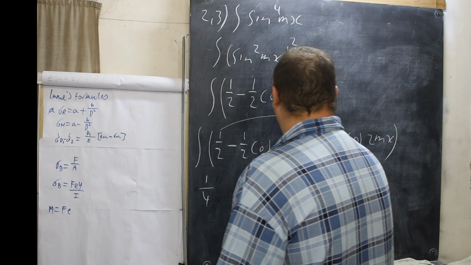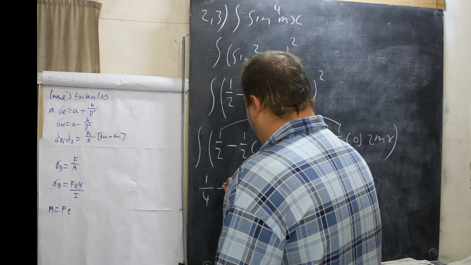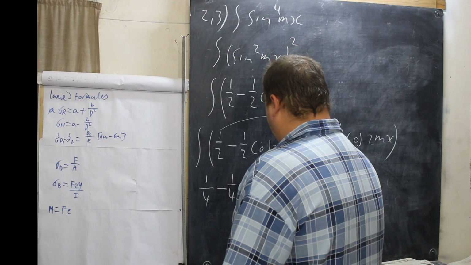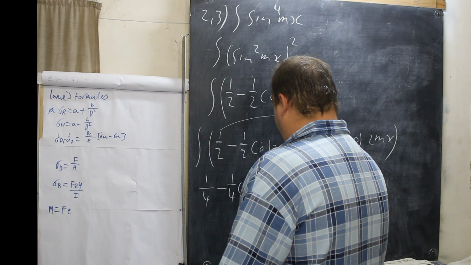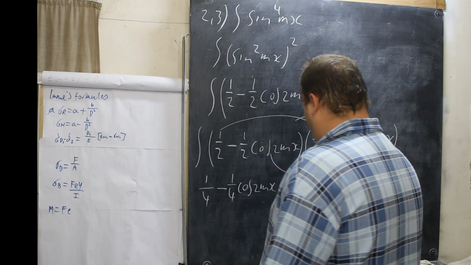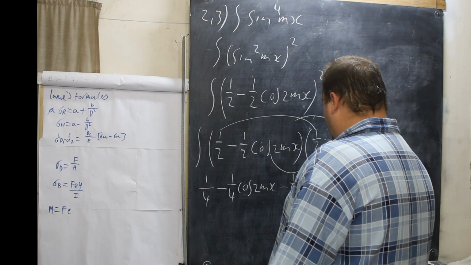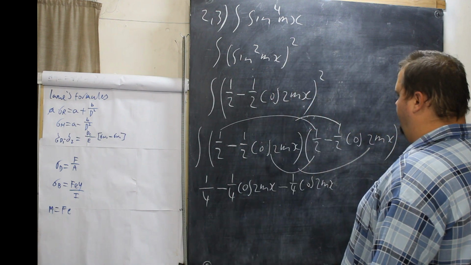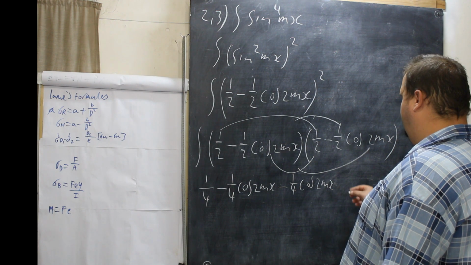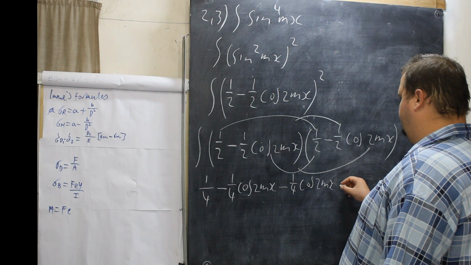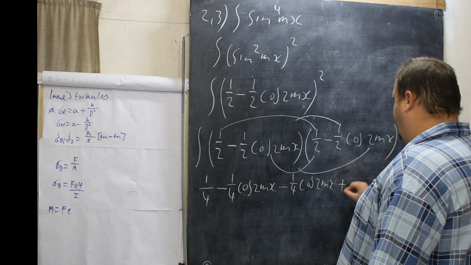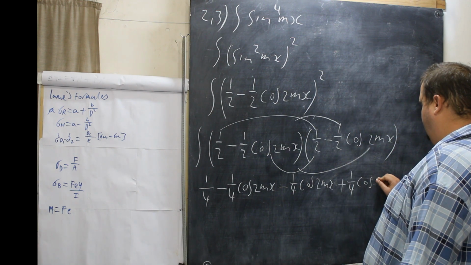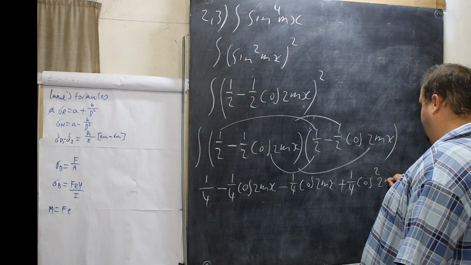Half times a half is minus a quarter cos 2mx, minus a quarter cos 2mx, and a half times a half is plus a quarter cos squared 2mx.